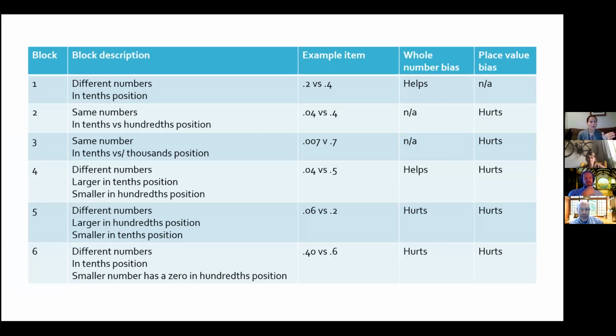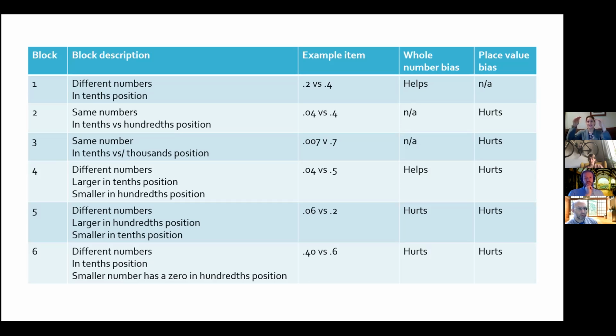Take, for example, the second block: 0.04 versus 0.4. If you had a place value bias, you might mistakenly say that 0.04 is larger because there are more digits in that number. So you're really counting the number of digits.